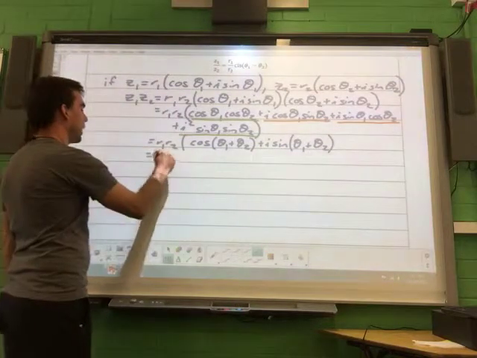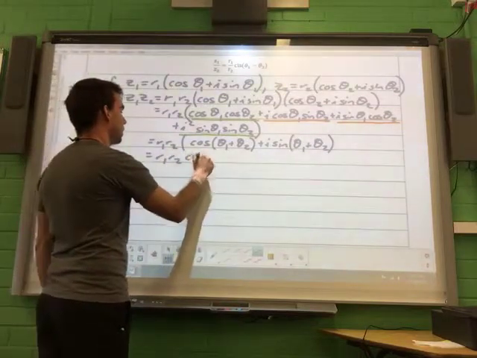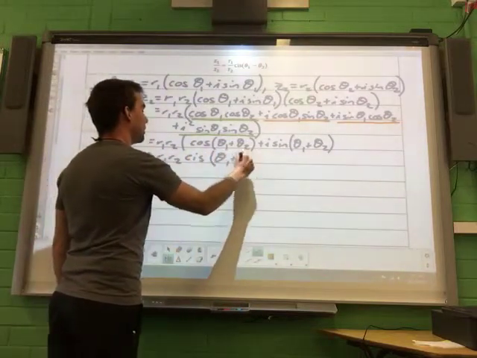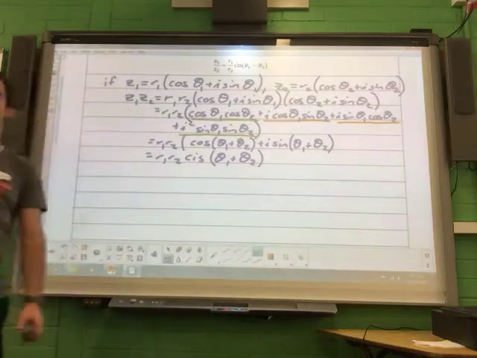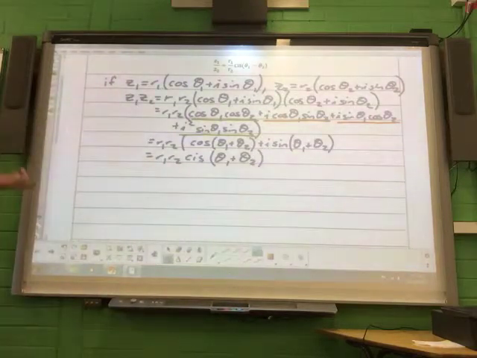So it equals r1 r2 cis of theta 1 plus theta 2. So when we're multiplying two complex numbers, we represent them in modulus argument form, and the multiplication of two complex numbers is the multiplication of the modulus and the addition of the arguments in your cis.